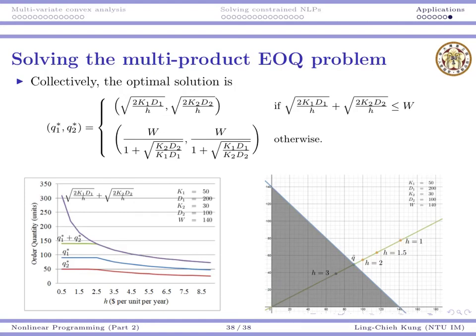In that case, we will adjust the solution to Q bar here. Whenever the unconstrained solution is infeasible, it is adjusted to the boundary point. You can still verify that. For example, if h equals 1, geometrically the closest feasible point is here, but it is not optimal.